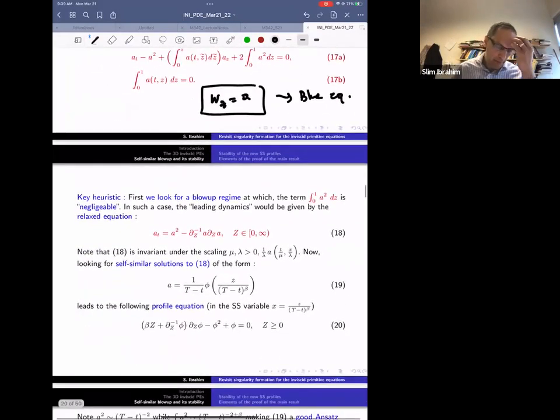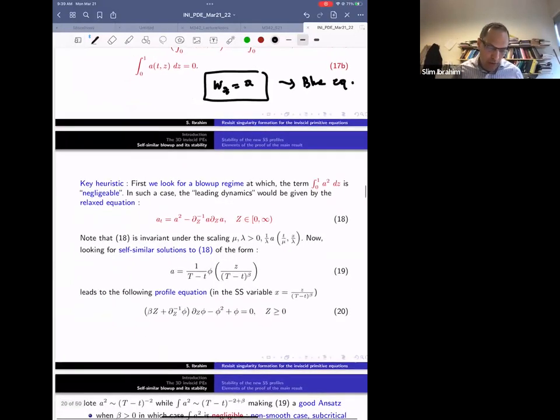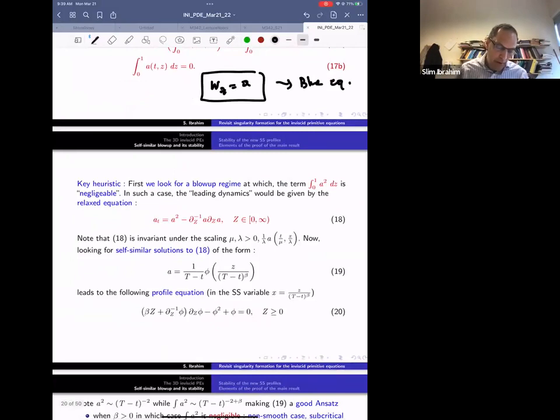So the main idea, we said, okay, if we look at self-similar solutions using the scaling, you change W by lambda W, there is only one scaling. It's 1 over 1 minus T. That's quite rigid. So we said, let's see if we can find a regime in which this pressure term is negligible.